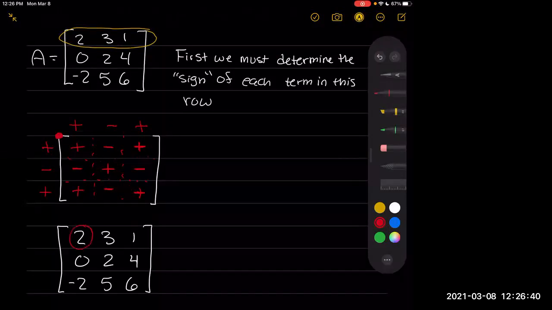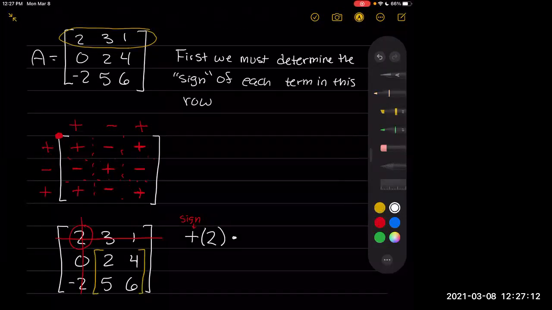The first thing we're going to do is write our sign down, and then multiply it by our number, which is 2. Now what we need to do is cross out the column and row that 2 is in, like this. And now we're just going to look at this little submatrix.